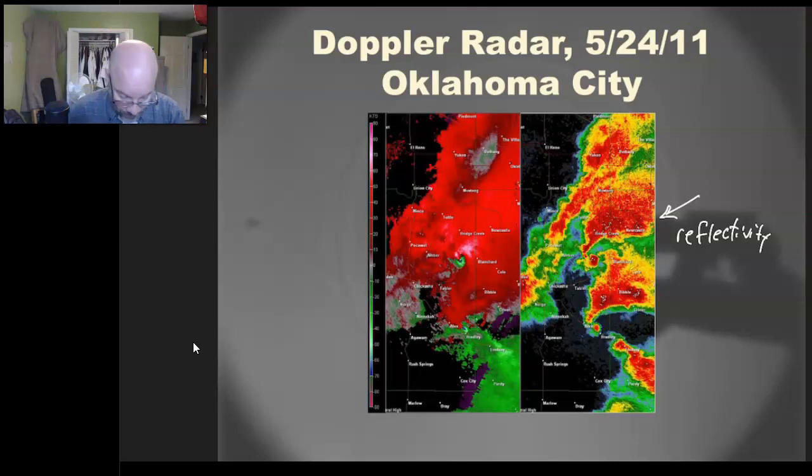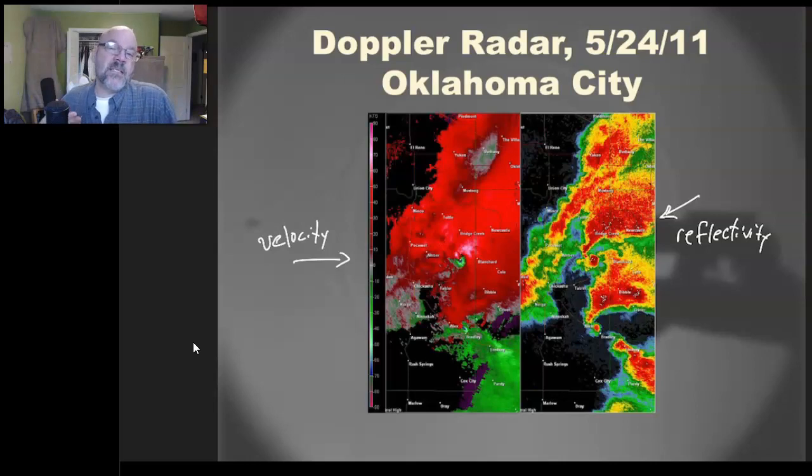So they can see those things that way. Okay, now over here on the left, you don't see this very often, but this has to do with the velocity. Okay, so Doppler radar is able to determine the velocity of the reflecting object.